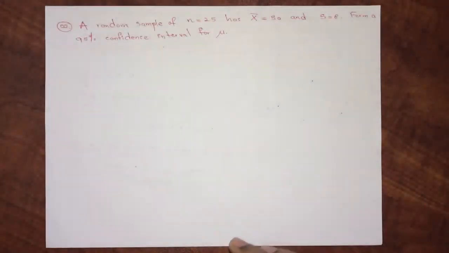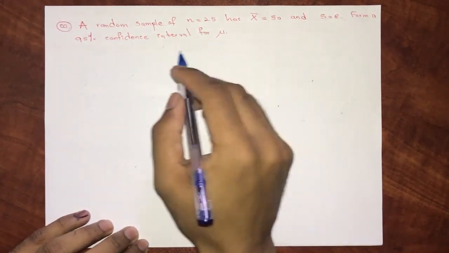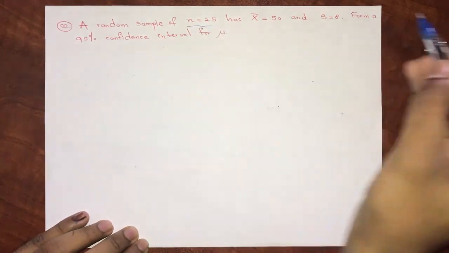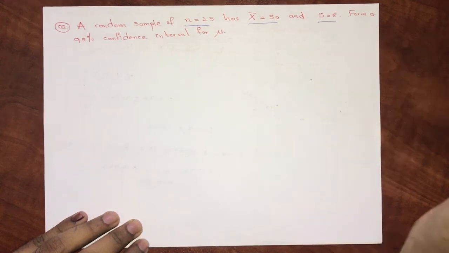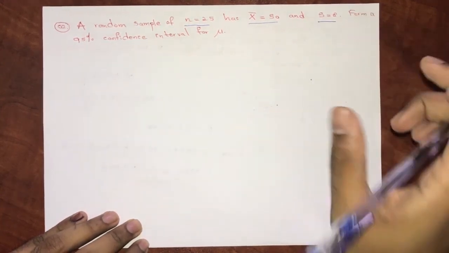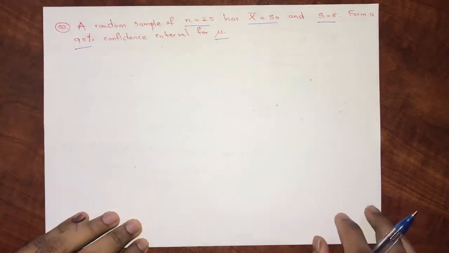Right, so when we are given this particular problem, first let's underline the key terms that we require. You're told the sample size is 25, you're given x bar which is 50, and you're given the sample standard deviation which is 8. Form a 95% confidence interval for your population mean.